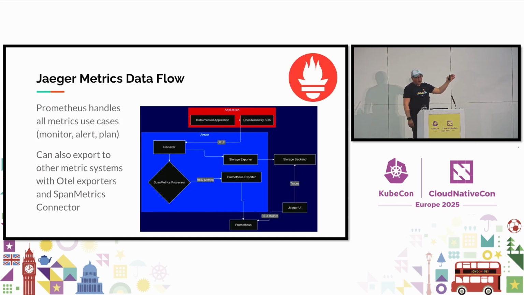Kind of the architecture: when you look at the OpenTelemetry data that's flowing out, the traces, we take those into Jaeger. Then we use the span metrics processor, actually the span metrics connector, which emits that.